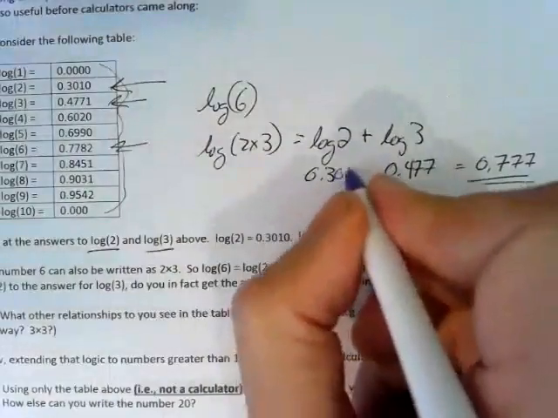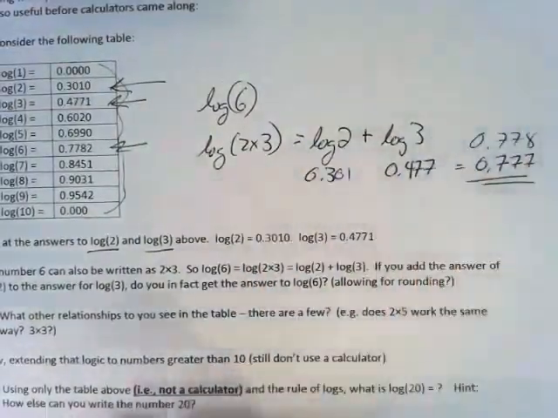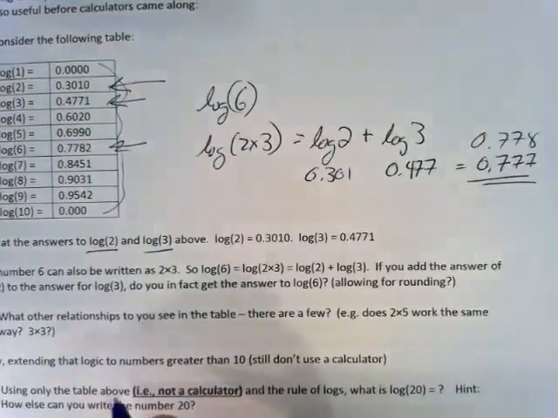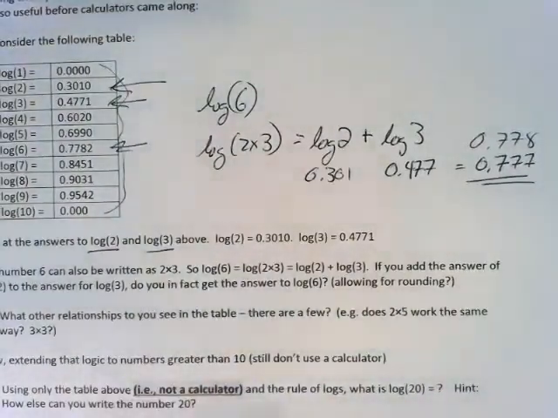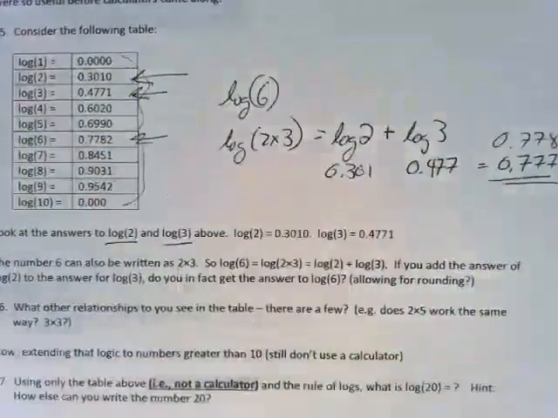So yeah, I didn't have the 0.301, so with rounding, this should be 0.778. But to 2 decimal places, I was right. To the third one, it was very close. So without a calculator, you could still do logarithms if you knew all of these from 0 to 9. Okay.